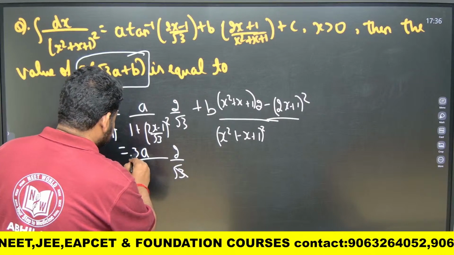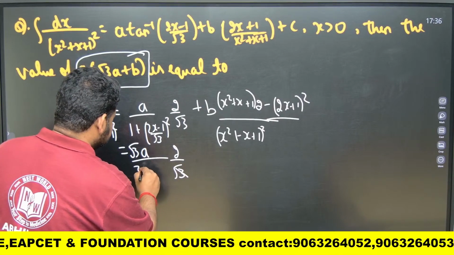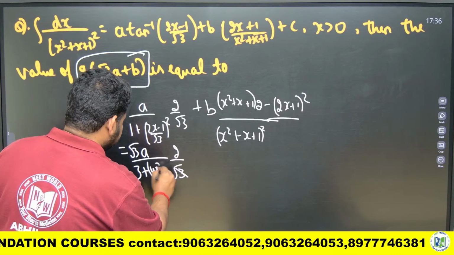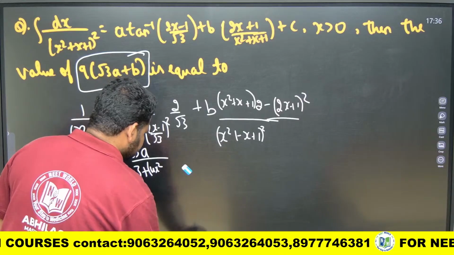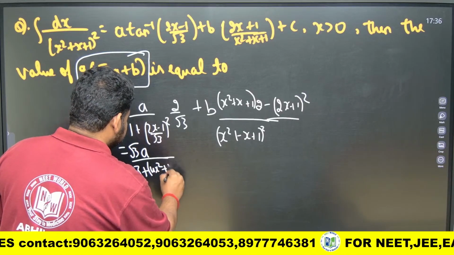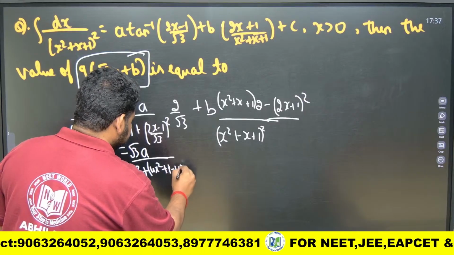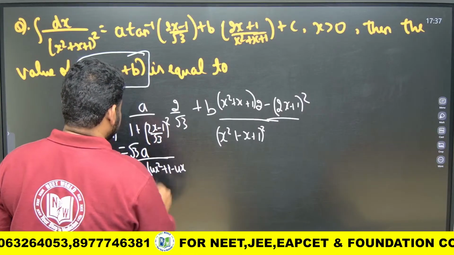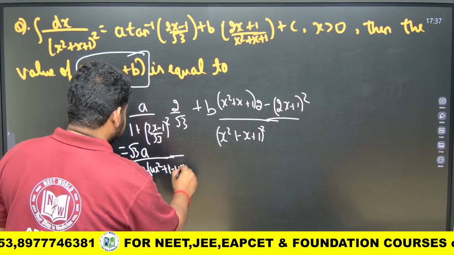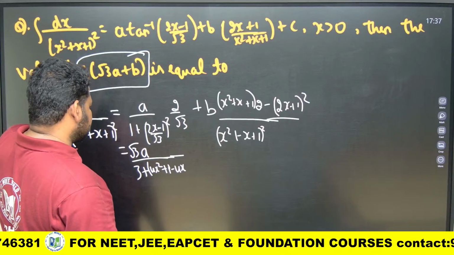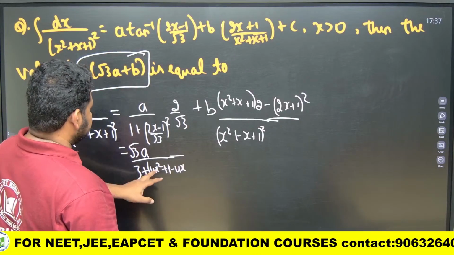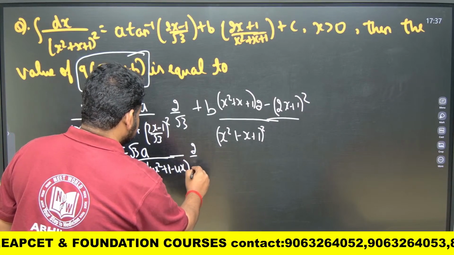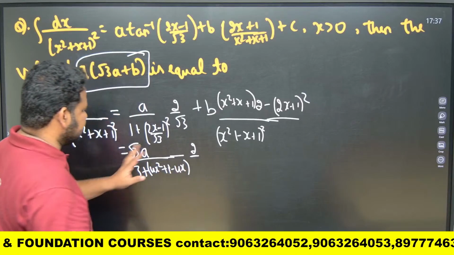Root 3 I can cancel, this will become root 3 a by 3 plus (2x minus 1) whole square. 2x minus 1 whole square is 4x square plus 1 minus 4x. Here I should write it as just 2.